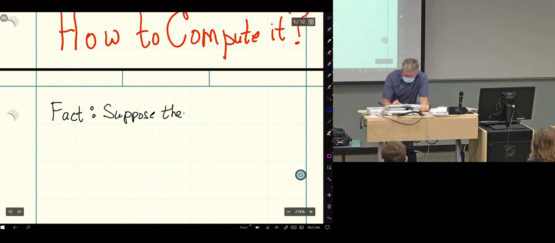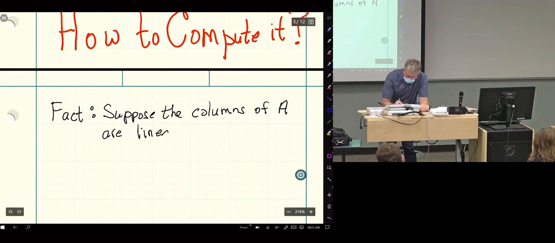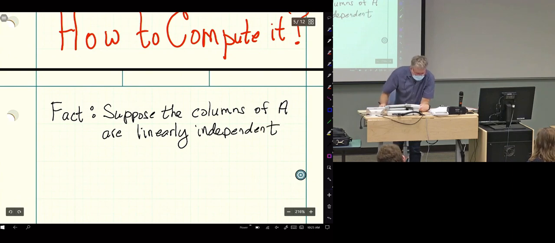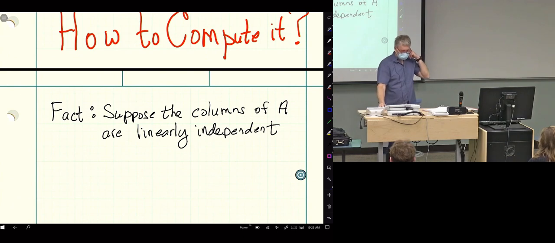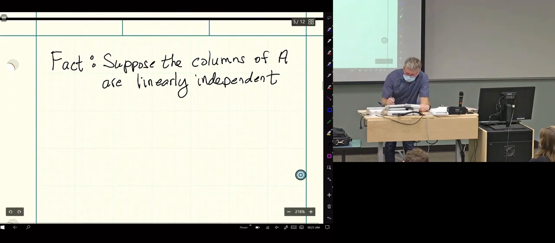Suppose the columns of A are linearly independent. So you cannot give up on that hypothesis. We could still then find a minimizing thing, but it would not be unique, and it really messes everything up.